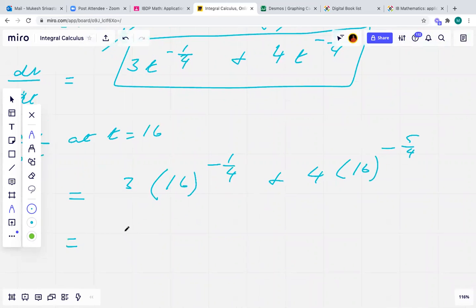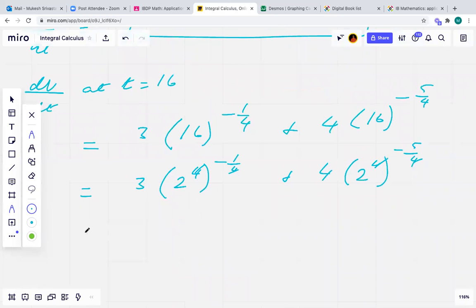Now what is 16? 16 is 2 raised to 4. So 3 by 2 minus 1 fourth, plus 4 into 2 to the power minus 20, and 2 to the power 5 is 32, so 1/8.